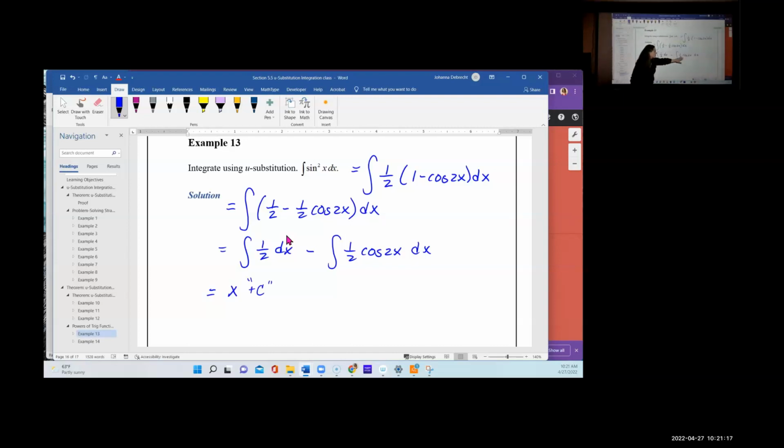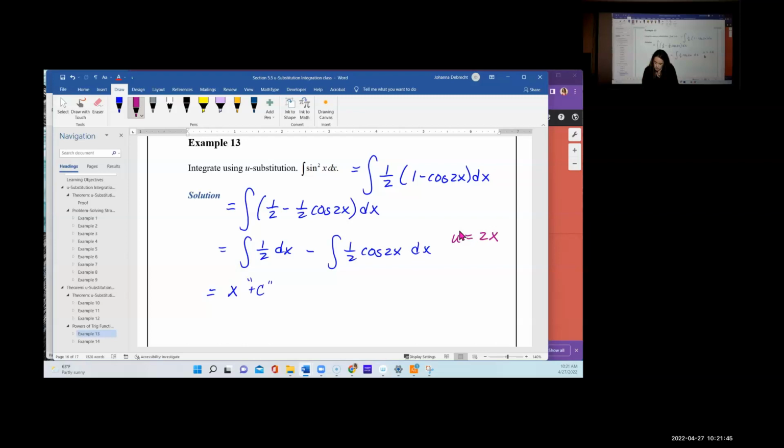Now we're going to look at this one, and we're going to go ahead and integrate this one. The 1/2 is a factor that can be brought to the front, and then we have cosine of 2x. This is just u-substitution. We want to replace 2x with u. So we usually come over to the side. I like to do it in a different color so that I can see it separate from the actual integration problem.